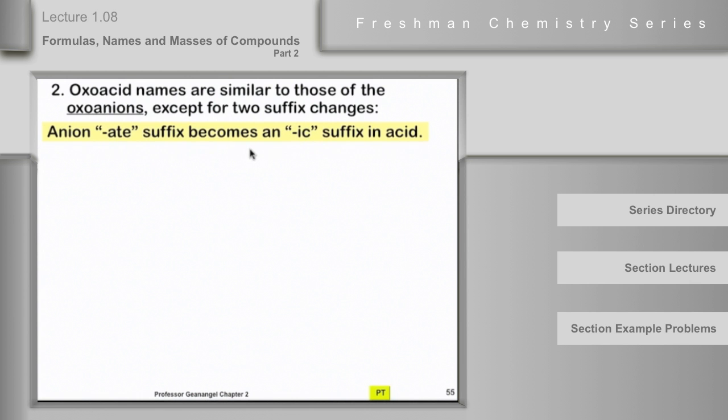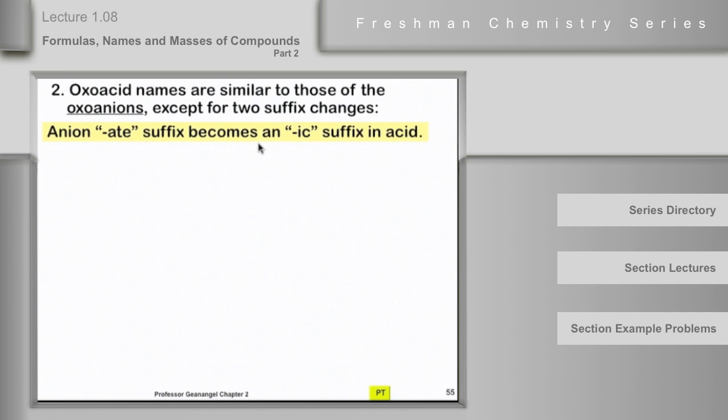So if we were talking about nitric acid, HNO3, then you could view this as the nitrate ion plus a hydrogen ion to make a neutral structure. So this acid would be nitric acid.